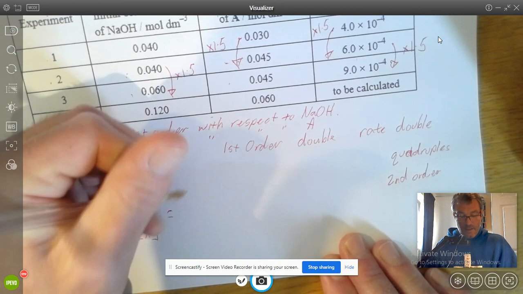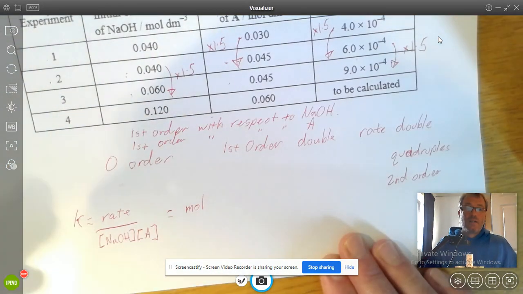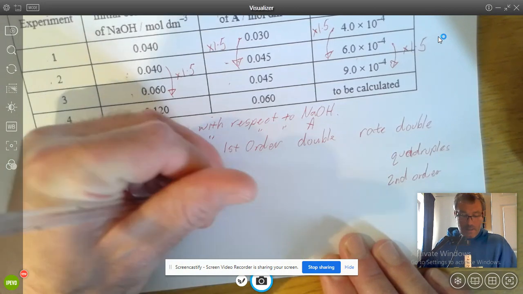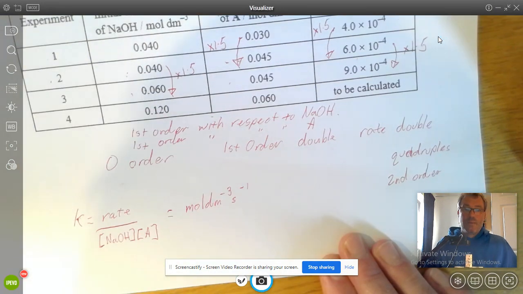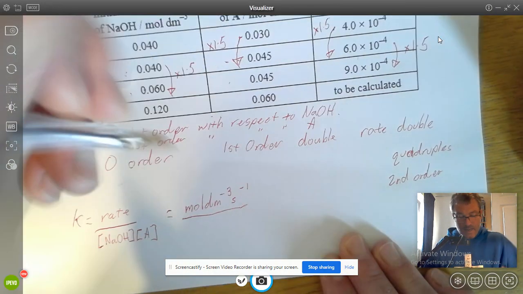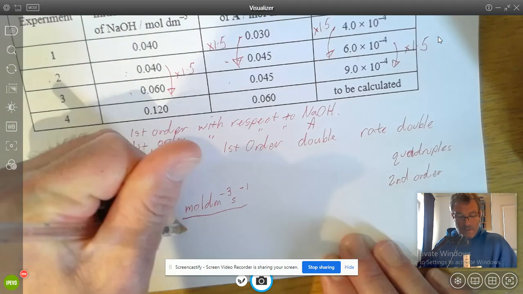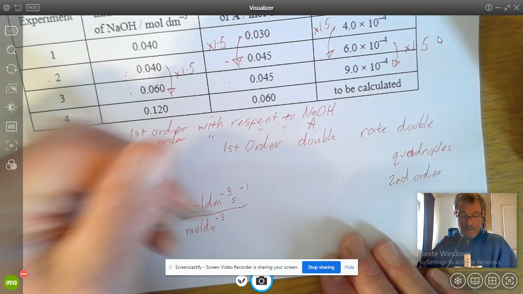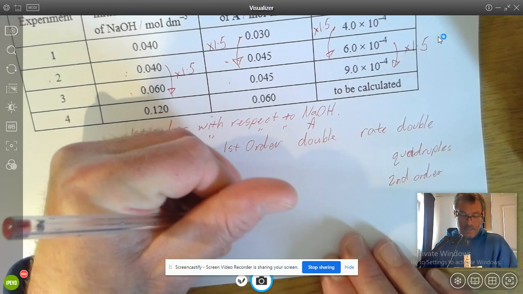The unit of rate is the change in concentration per second. So it's mole per decimeter cubed per second. And this is all divided by mole per decimeter cubed times mole per decimeter cubed.